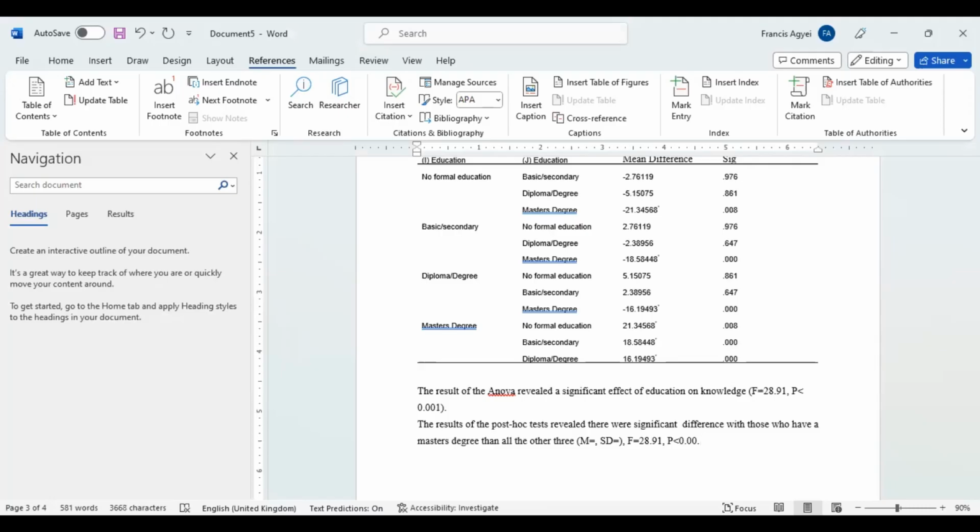So we can continue by saying, however, there was no significant difference, so for the ones that didn't have any significant difference, you can quote: there was no significant difference with those who had no formal education.